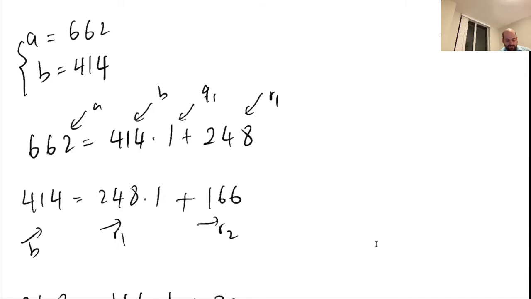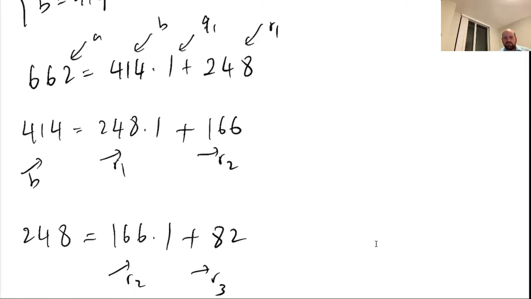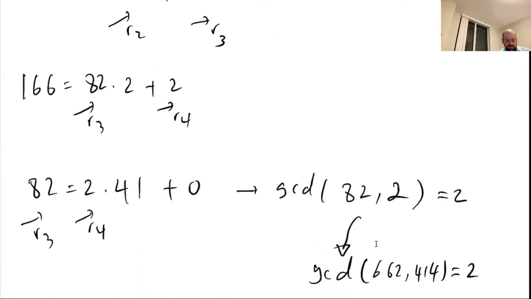Then I divide 414 by 248. I do the long division, reduce the numbers. Which numbers? 248 and 166. Then again, do long division, 166 and 82. Again, long division, 82 and 2. But once I get 82 and 2, one number, which is 82, is a multiple of the other one. So GCD is the smaller number, which is 2. And that means the original GCD that I was looking for must also be 2.